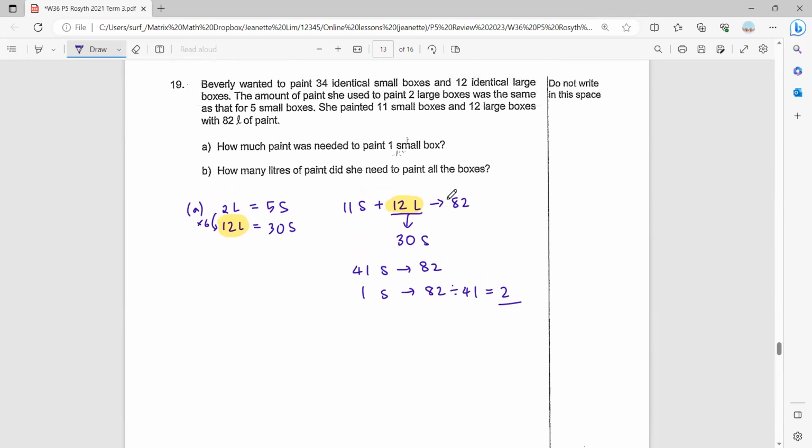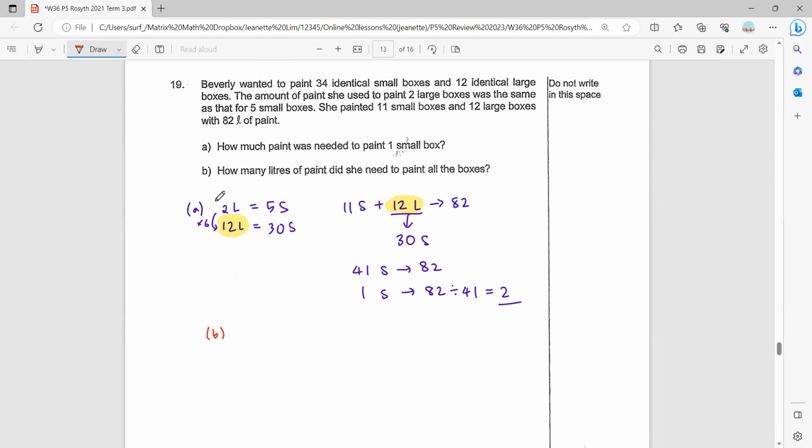Okay, for B, how many liters of paint did she need to paint all the boxes? Okay, to find the paint needed for all the boxes, which is 34 small and 12 large, you need to find the large. What is one large? I already have one small. Okay, let's find one large using this first line.